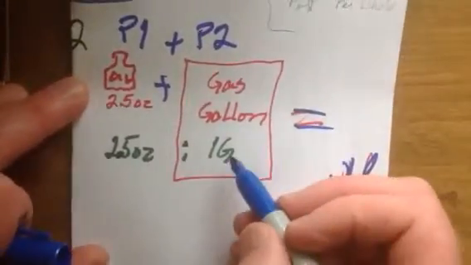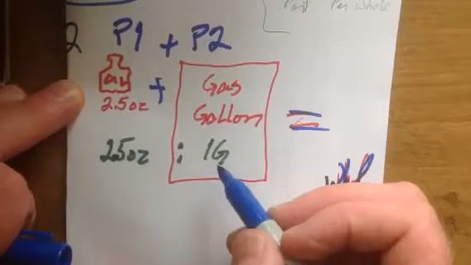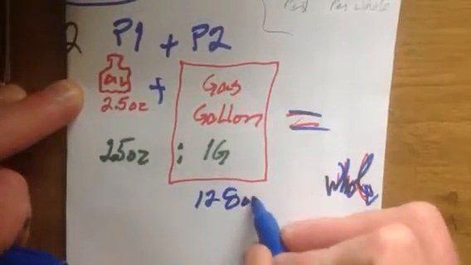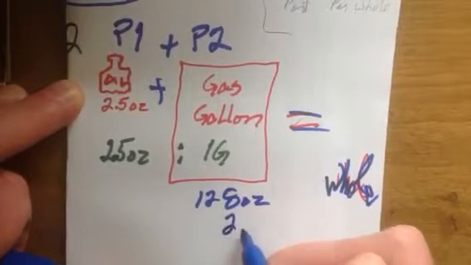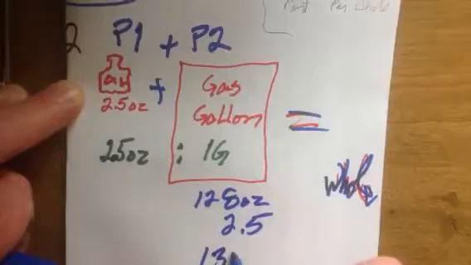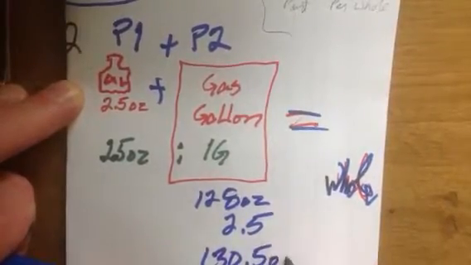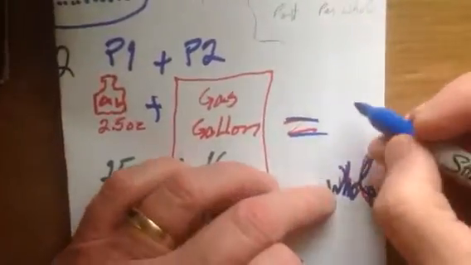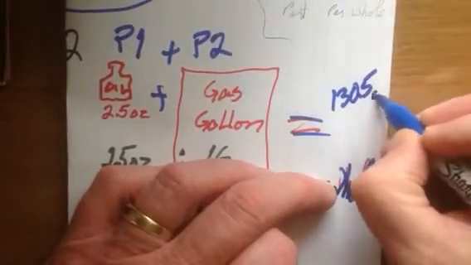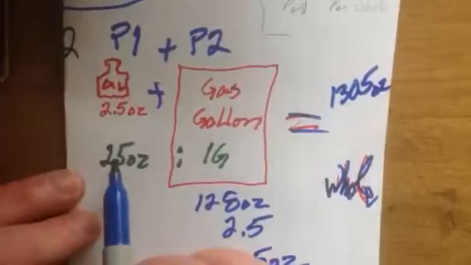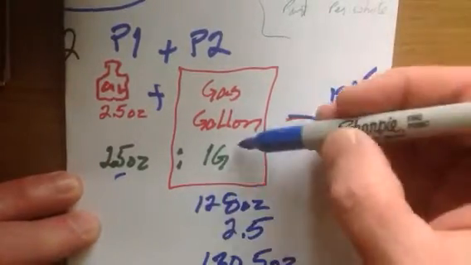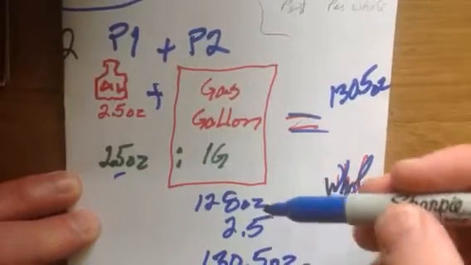So if you know off the top of your head that there's 128 ounces in a gallon, and you add 2.5 to that, you now have 130.5 ounces. And that's your new whole, 130.5 ounces.